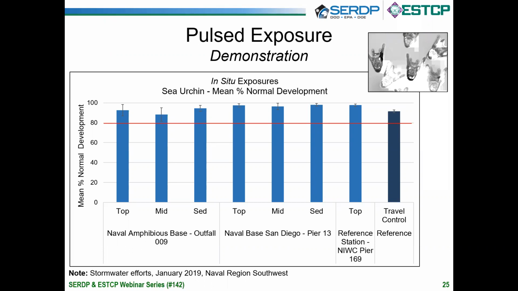Now the red line at 80% shows where the threshold would be observed for significant toxicity for this species. And ultimately what you can see is that these organisms were deployed throughout an entire storm event, and no toxicity was observed in the receiving environment for these organisms.